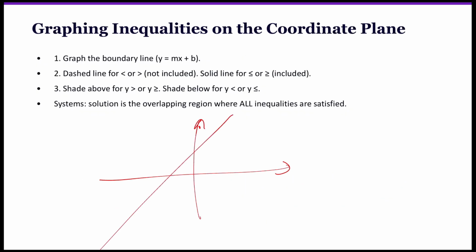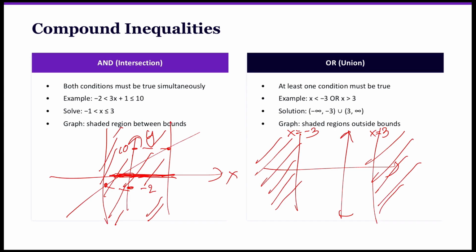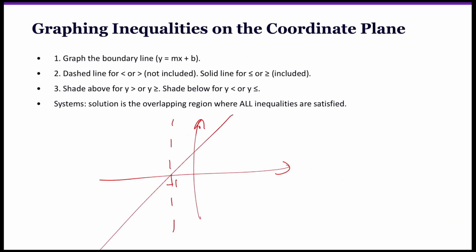So for example, when we had greater than -1 and less than or equal to plus 3, when you have -1 right here, you draw a dashed line because -1 itself doesn't satisfy our condition. If you plug in -1 here, you get -1 times 3, -3 plus 1, -2, which is not greater than -2. It's equal to -2.